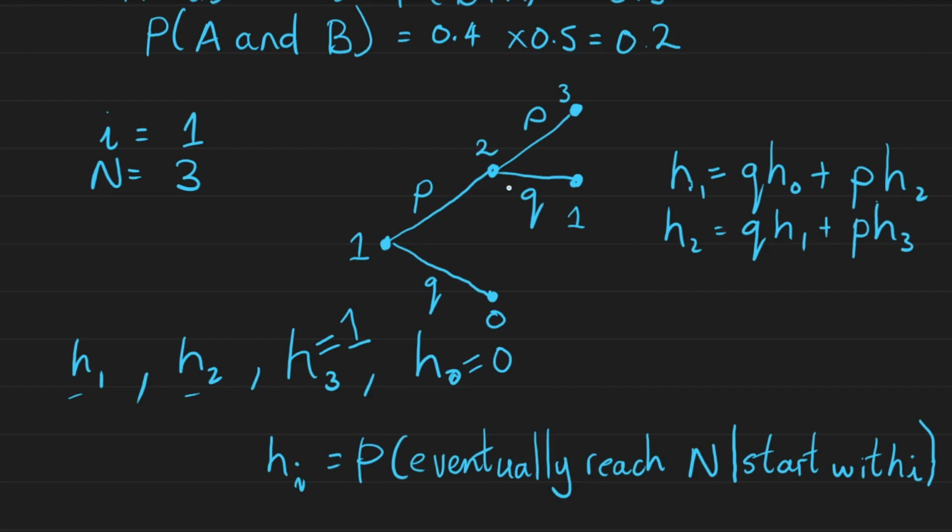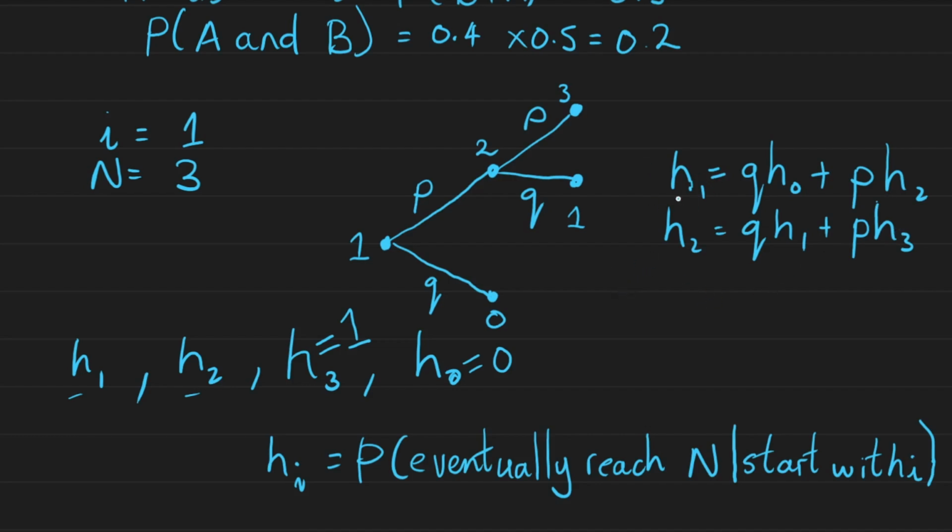Let me just say that once more. H2 is equal to, firstly, the probability of reaching 3 from this first branch, and that's Q times H1. Remember that everything from this point is the same as that point. Plus the probability of reaching state 3 from 2. Well, that's a guarantee, because H3 is equal to 1.